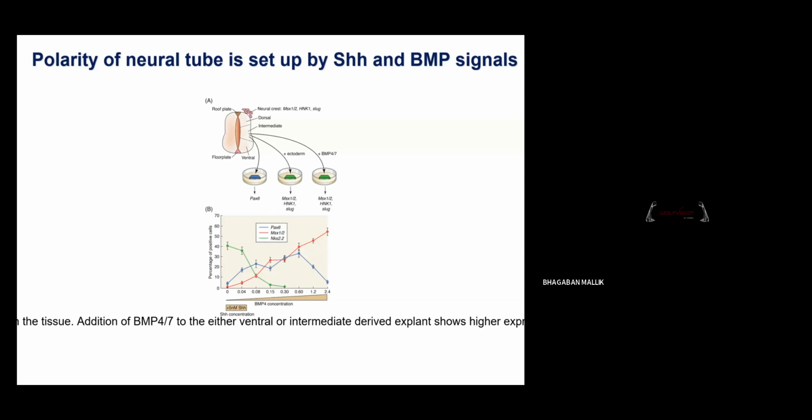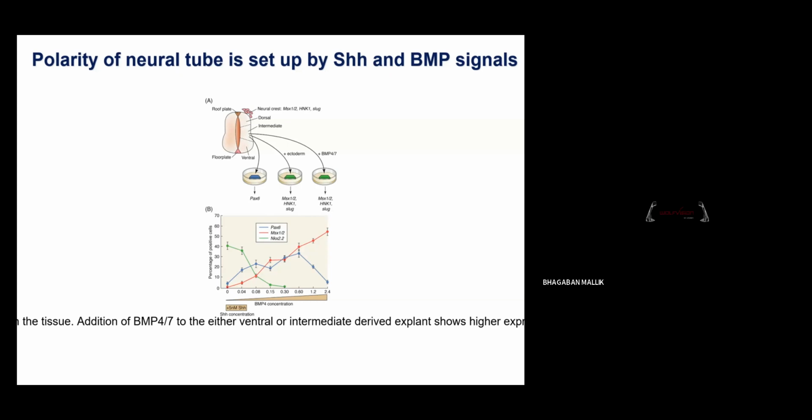When they put increasing concentrations of BMP, they either took the ectoderm that contains the BMP signaling molecules, and you have expression of these genes, or they added BMP directly, and they later found that BMP4 and BMP7 are required for the expression of these genes. BMP is a dorsal signaling molecule.